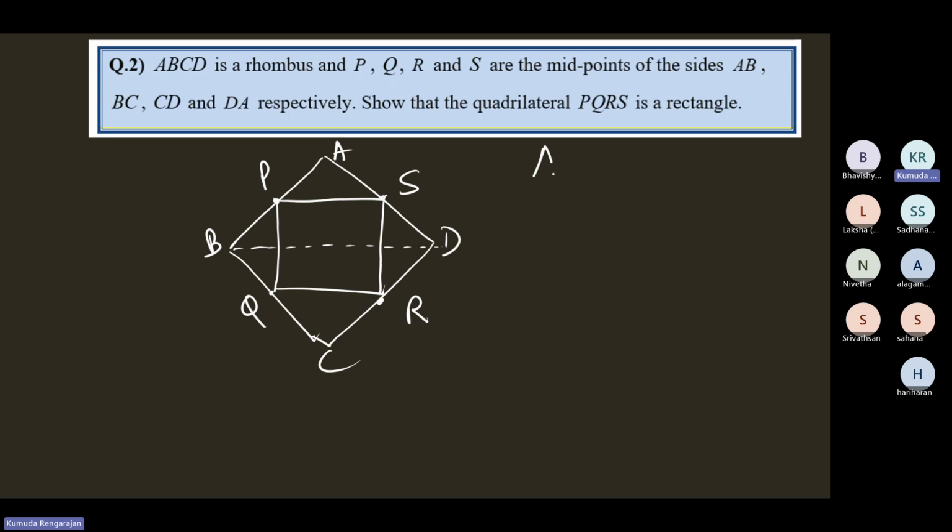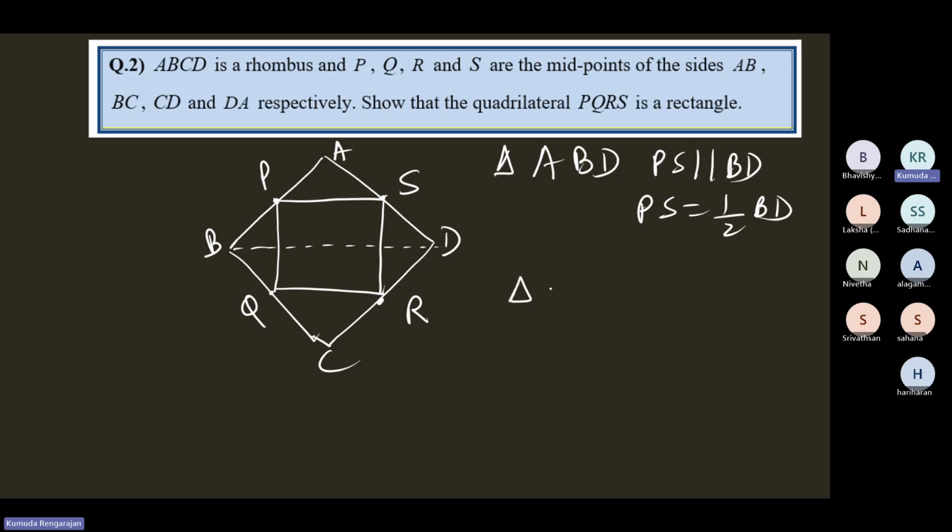Now in triangle ABD, use the midpoint theorem, because P is the midpoint of AB and S is the midpoint of AD. So in triangle ABD, by the midpoint theorem, PS is parallel to BD and PS is equal to half of BD.